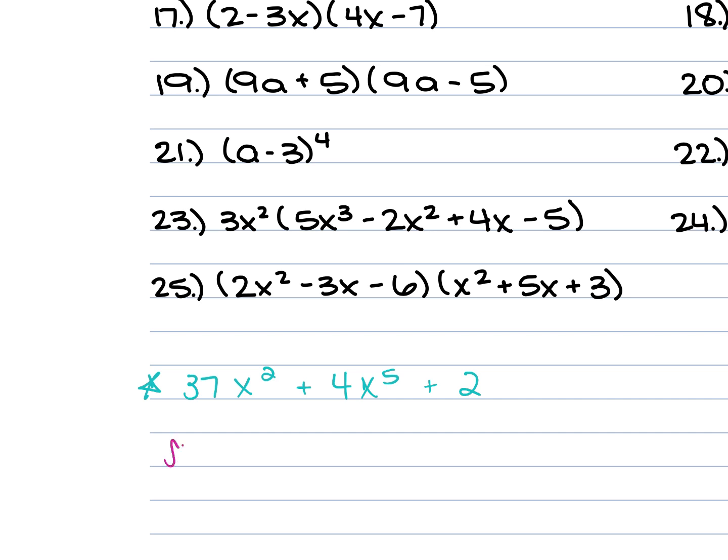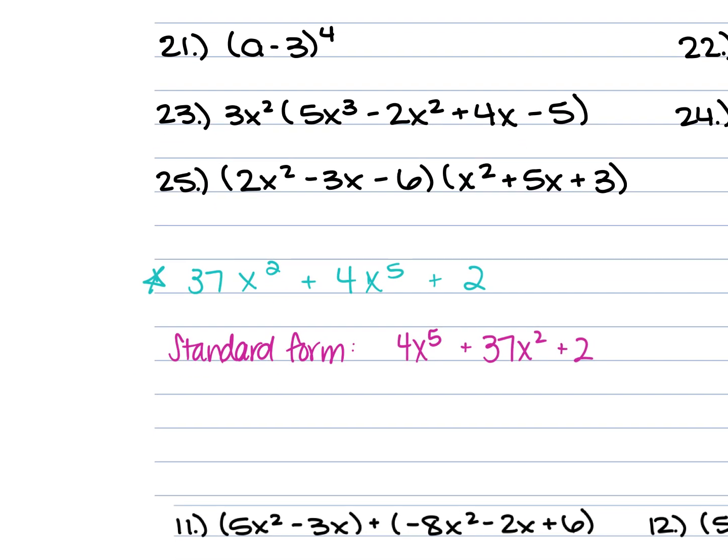Standard form of this would have the highest power first in the line of your terms from left to right. So the first power would be 5 because that's the highest power, so that would give you 4x to the 5th power. Then your second one is the 37, x to the 2nd power. And lastly, the 2. So that's in standard form.